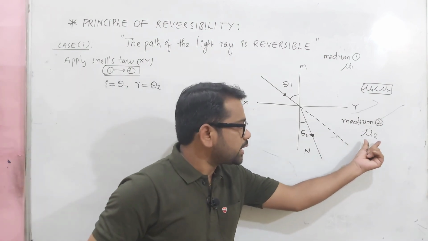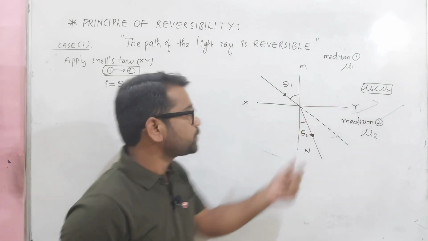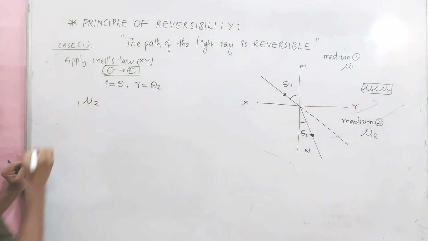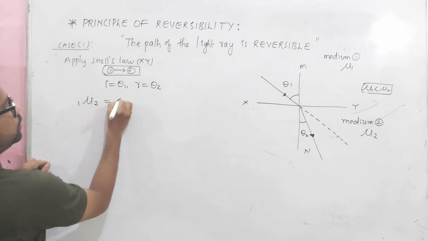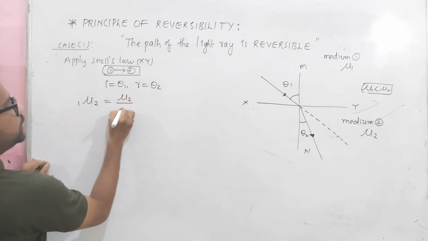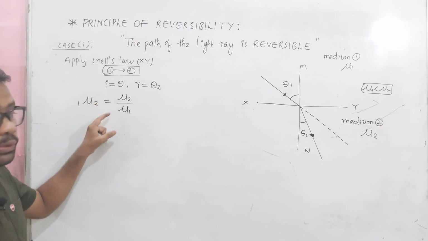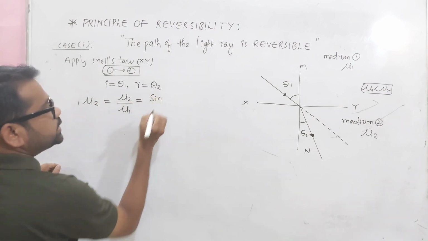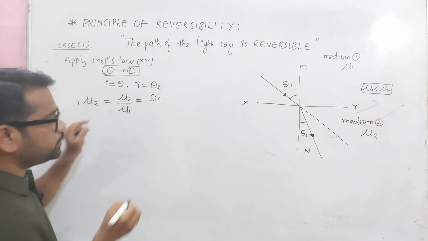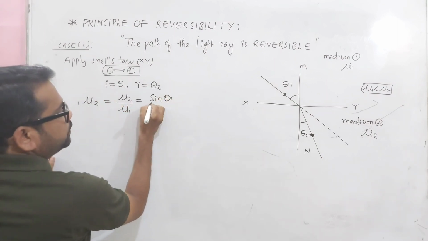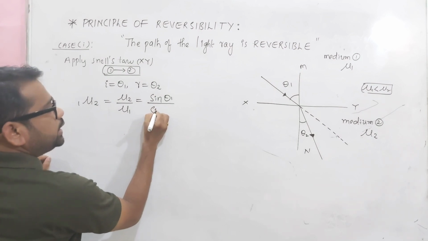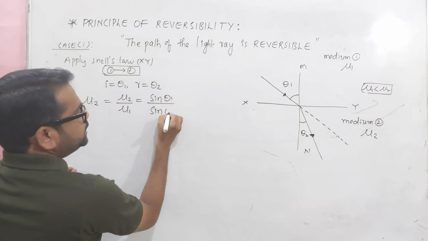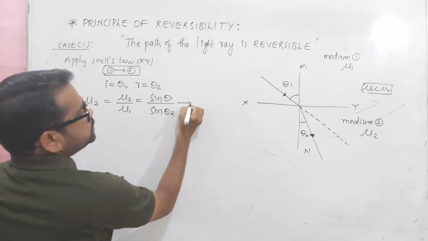The refractive index of the second medium with respect to the first medium, we can write mu 2 1, or mu 2 by mu 1, is equal to sine of the angle of incidence, theta 1, by sine of the angle of refraction, theta 2. Let us say this is case 1.